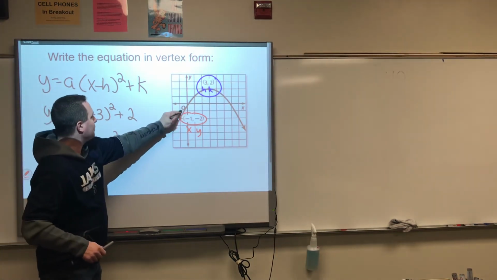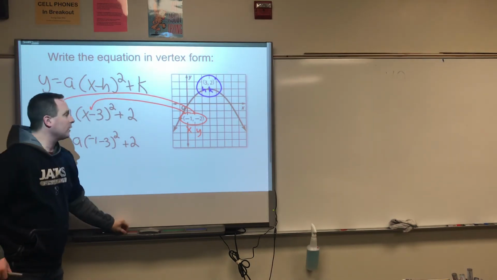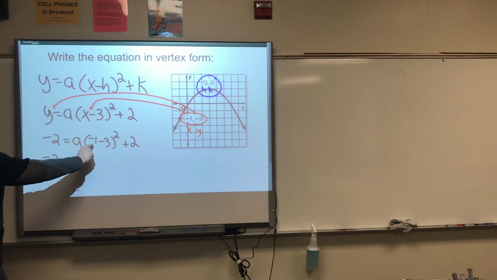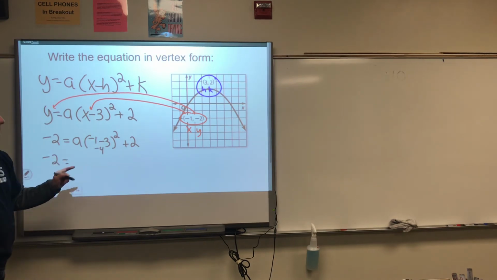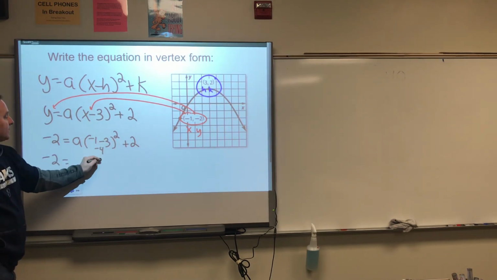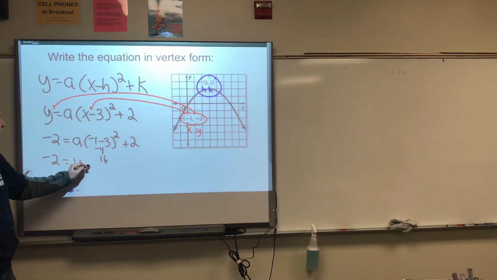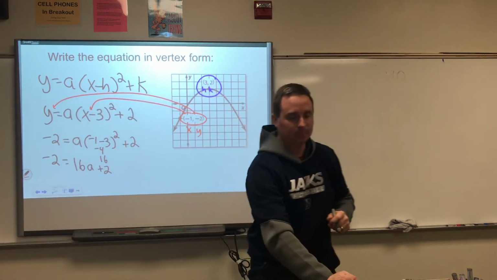So I plug the -1 in for x and the -2 in for y. Now I have that equation. Can I solve it? Let's do a little simplifying first. If I do the stuff in the parentheses, -1 minus 3 is -4. -4 squared is positive 16. So I end up with 16a plus 2.